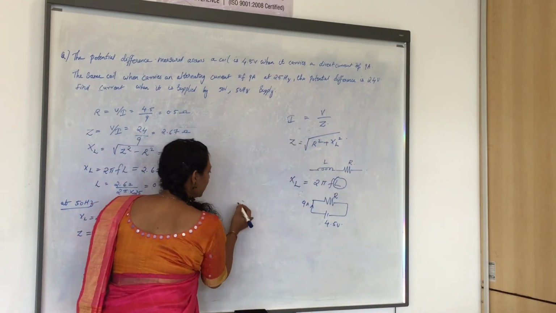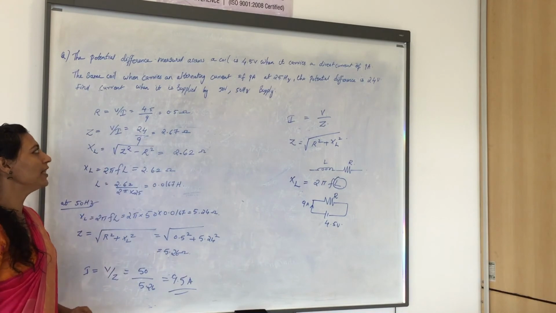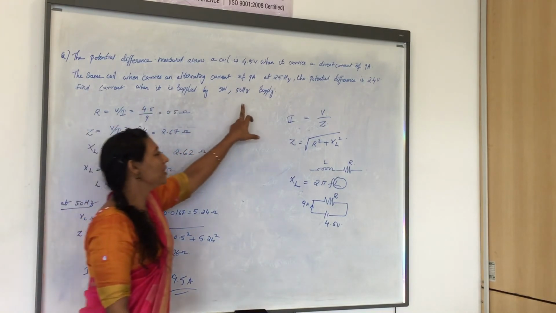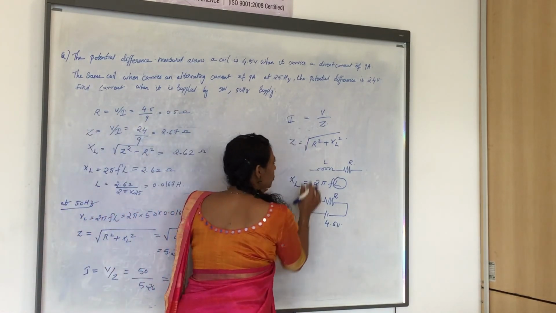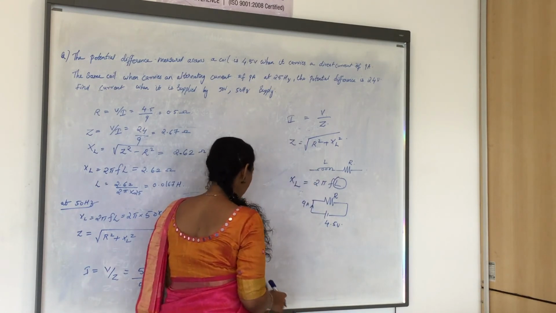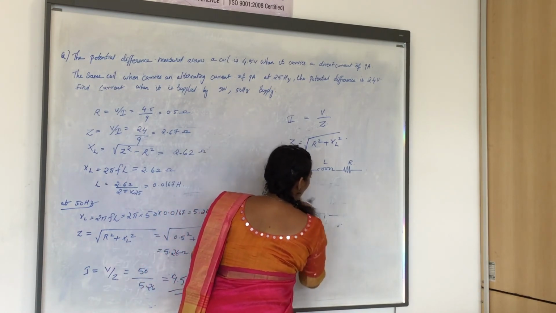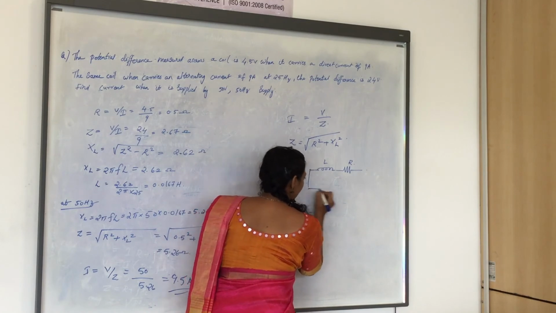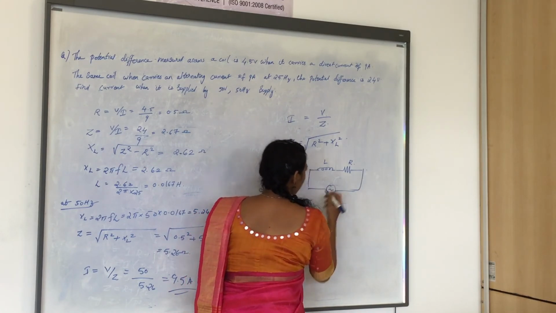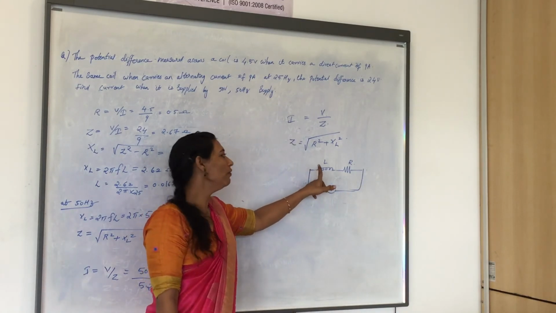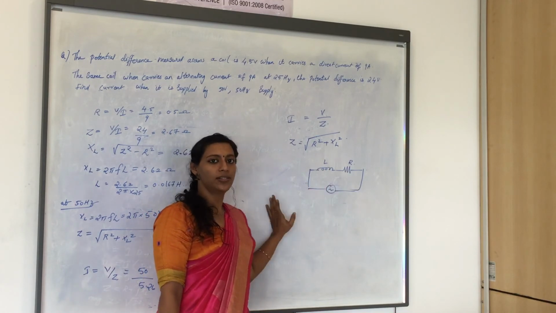So, first we have to find inductive reactance. When the coil is connected to the AC supply, the circuit will consist of inductor and resistor.